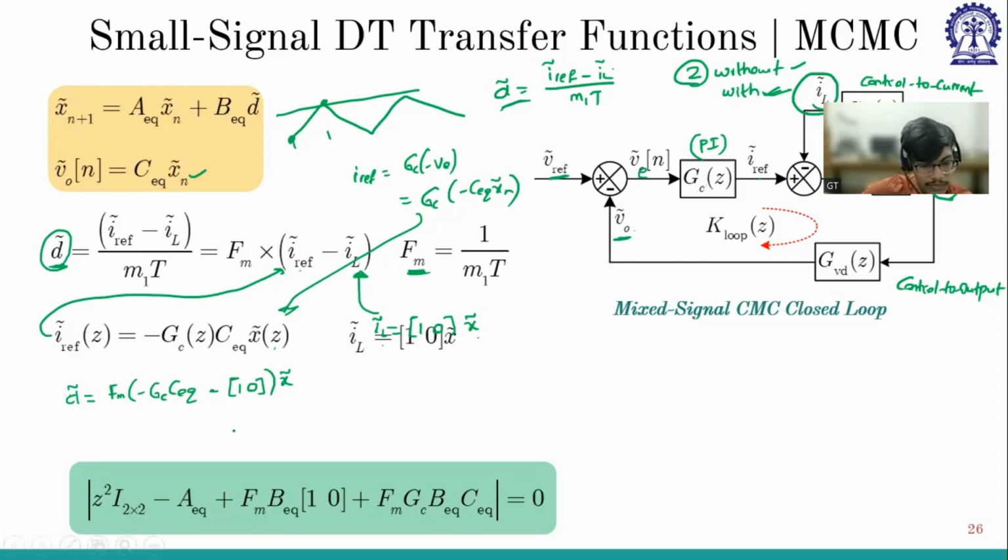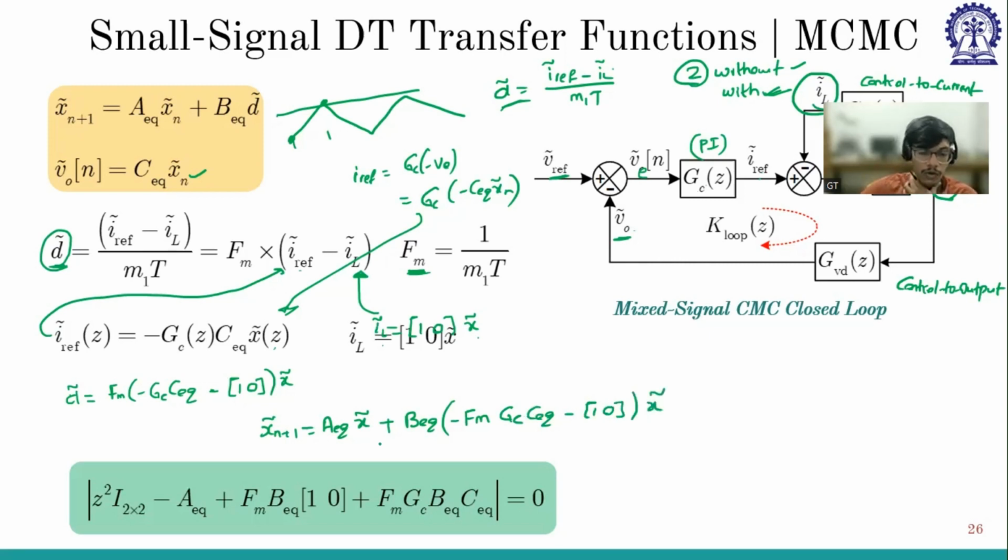I'll get XN plus 1 perturb equals A equivalent into X perturb plus B equivalent into this, what is this? D perturb, right? So D perturb is minus FM GC C equivalent minus 10 into X perturb.